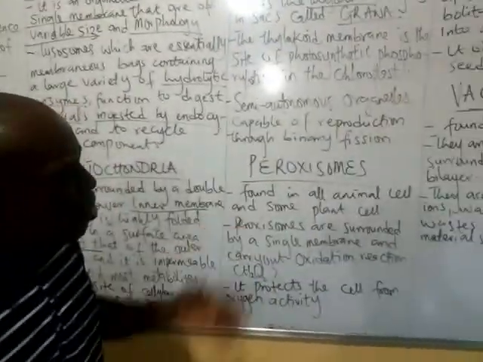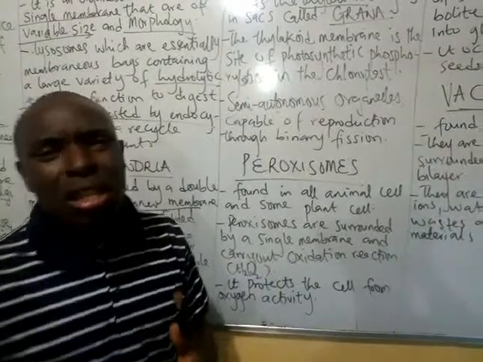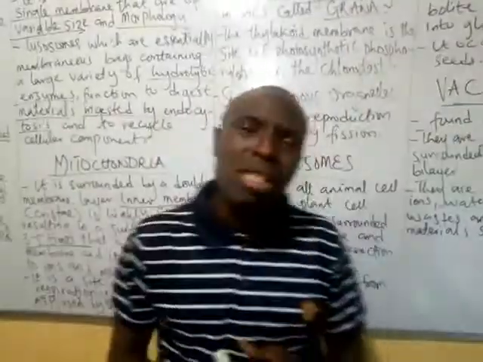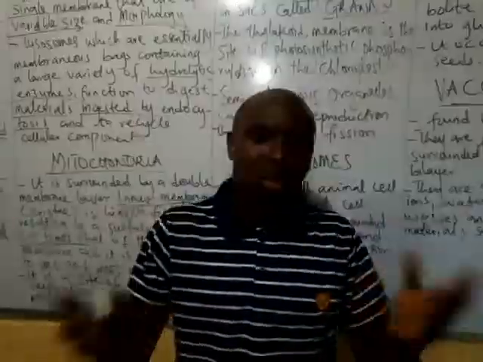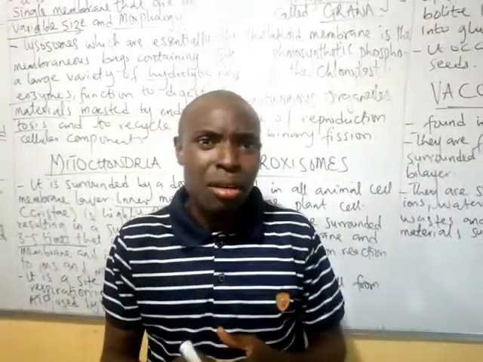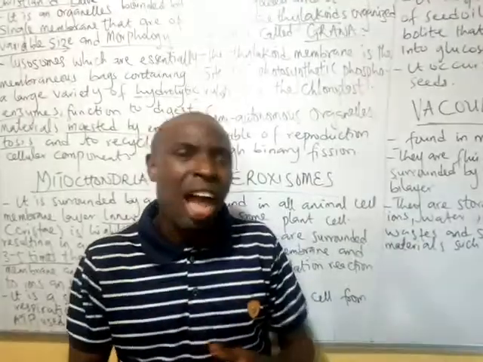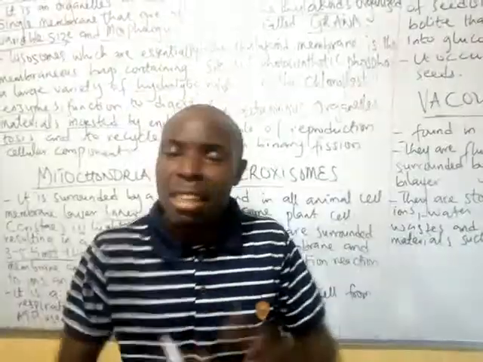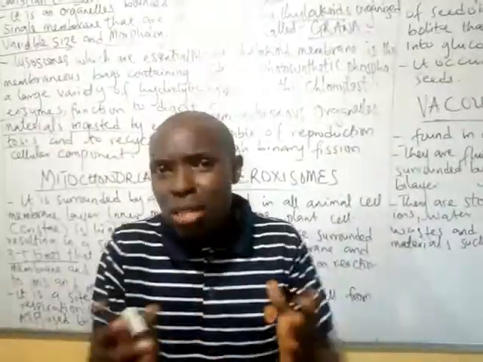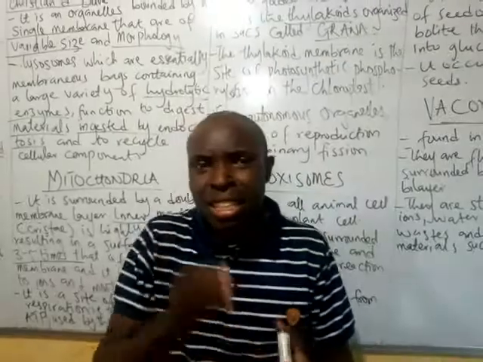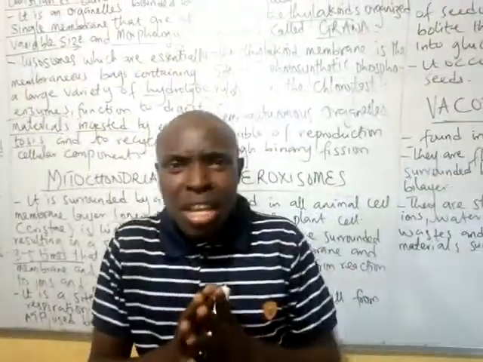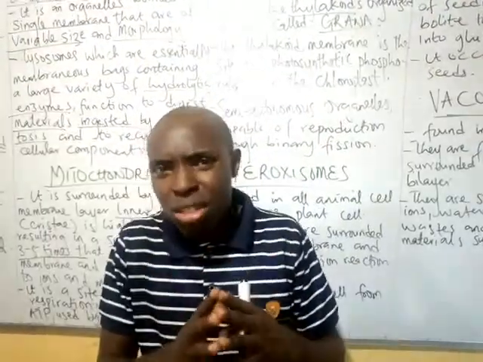Now, the peroxisome is among the 3 microbodies, which are the peroxisome, the glyoxysome, and the lysosome. Among these microbodies, the peroxisome is more pronounced.